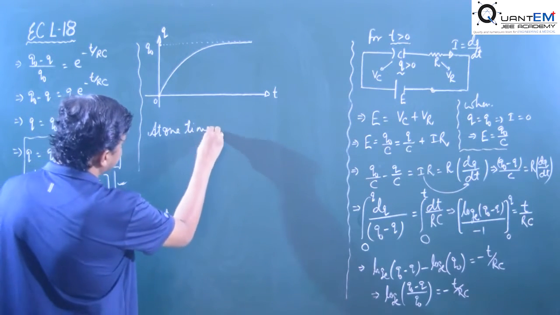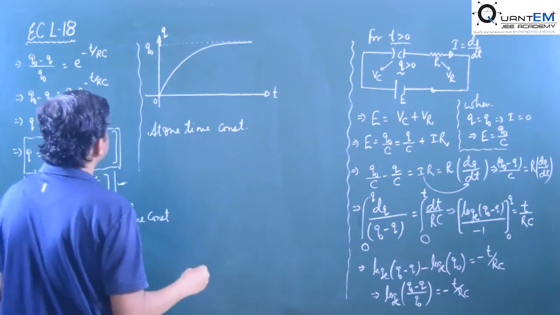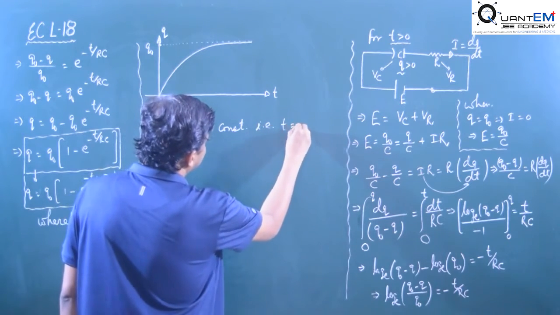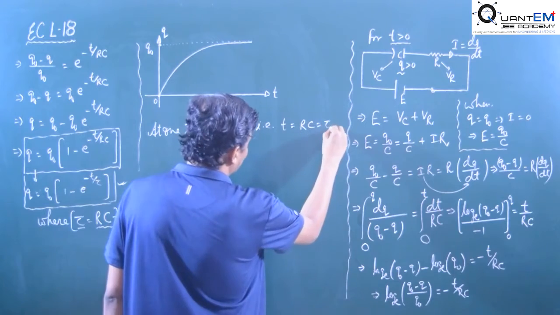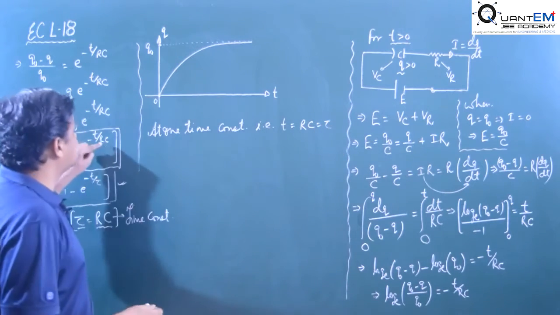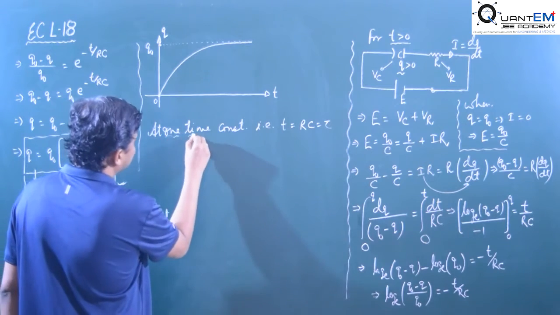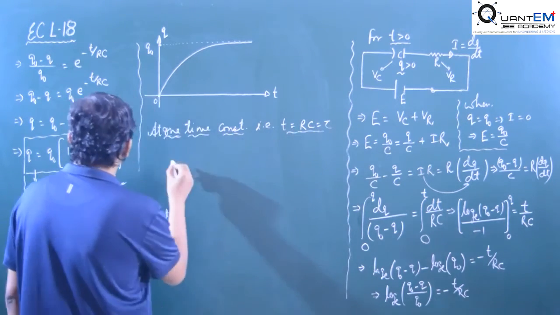And at one time constant, that is t is equal to RC. That is what? At one time constant, the value of t becomes equal to RC, we will have what?